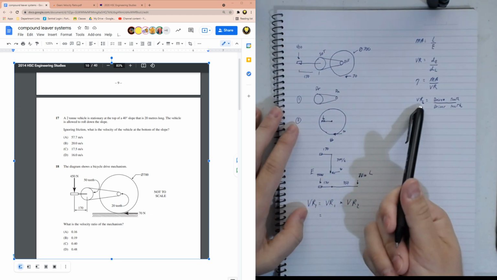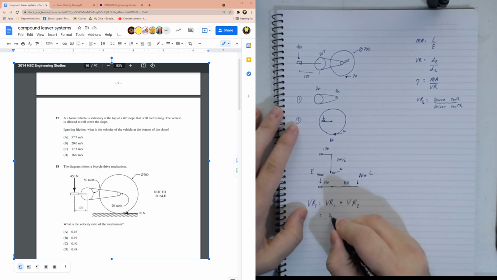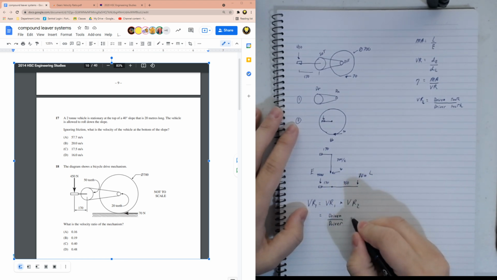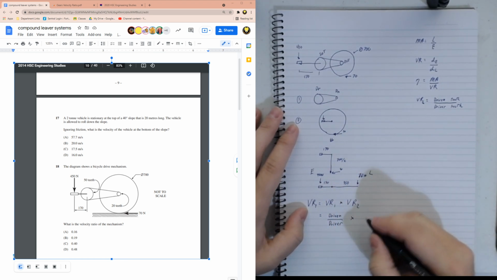We know that our first one is our gears, so it's going to be driven over driver. And for our second one, we write the distance our effort moves over the distance our load moves.